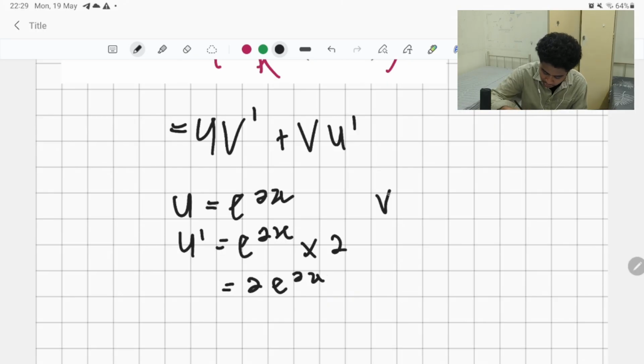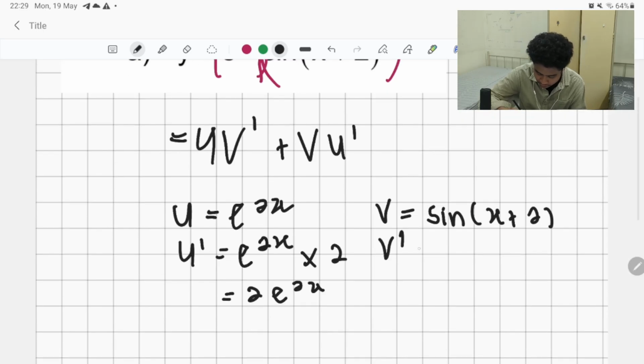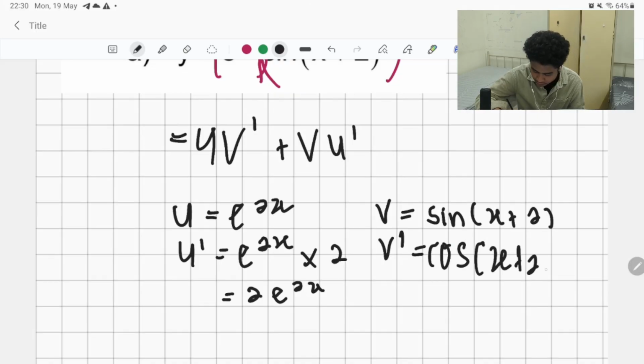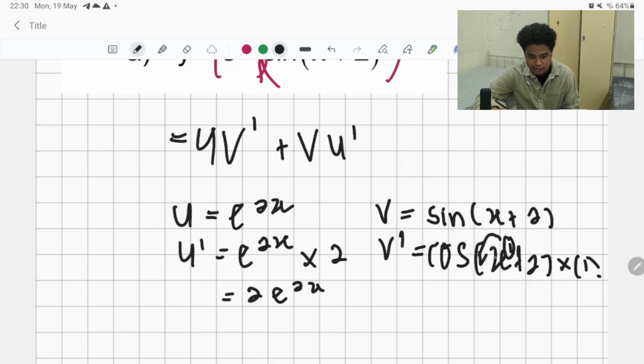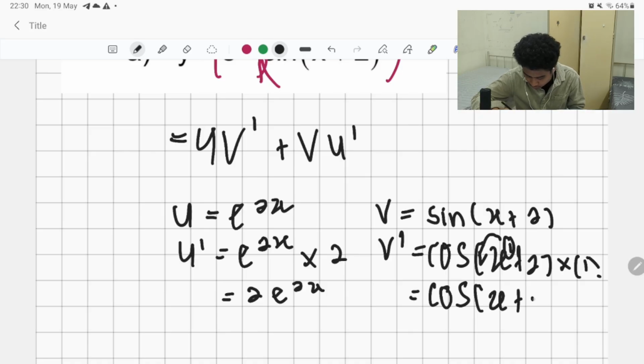For v equals sin(x plus 2), we differentiate it: v prime equals cos(x plus 2) times 1. Why 1? Because if you see at the x, there is no power at all. So pretend there is a power 1 right there, and we put 1 in front of the x, and the x vanishes and it becomes 1. This equals cos(x plus 2).